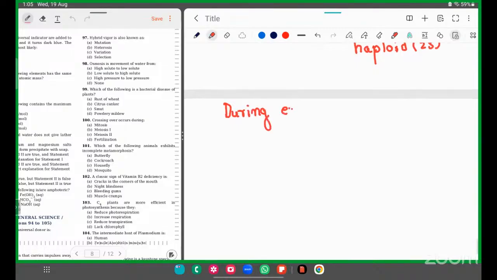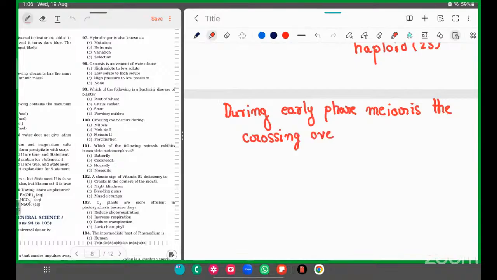During early phase of meiosis 1, the crossing over of chromosomes occurs. So meiosis first will be the answer.